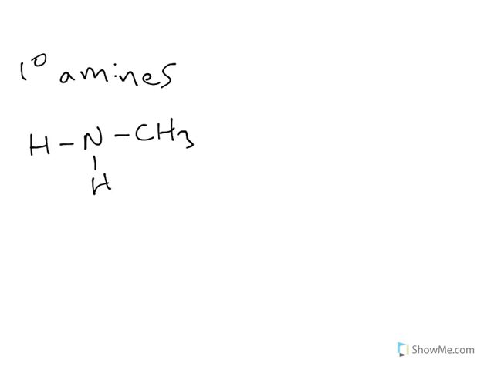So some very simple, straightforward ones, all right, are the primary amines. And simply what we do there, if we want to use the common naming system, is let's take a look at this amine. So that is an amine with a methyl group, so we simply just call this methylamine.